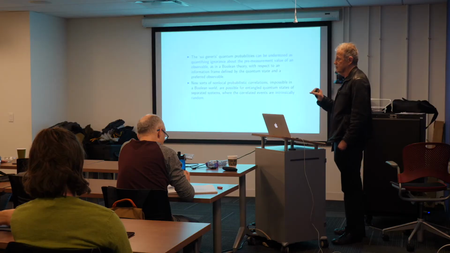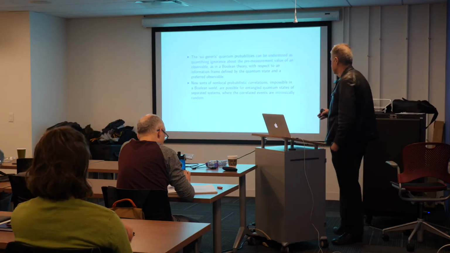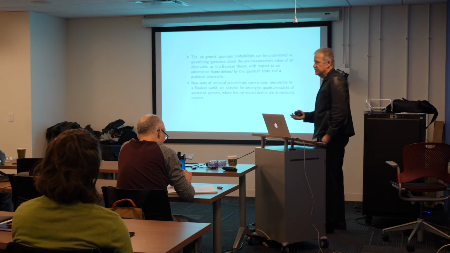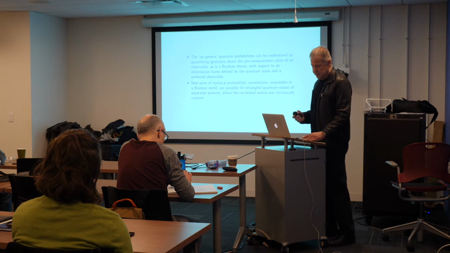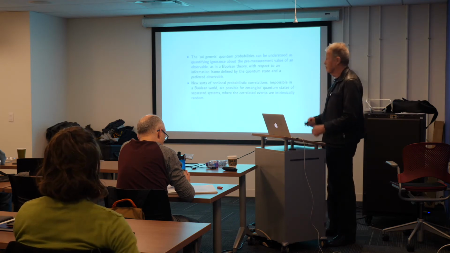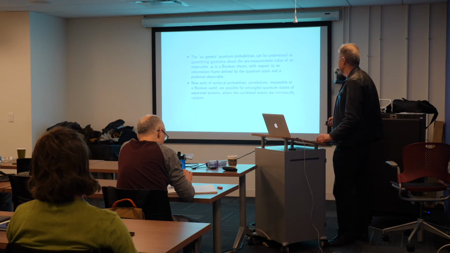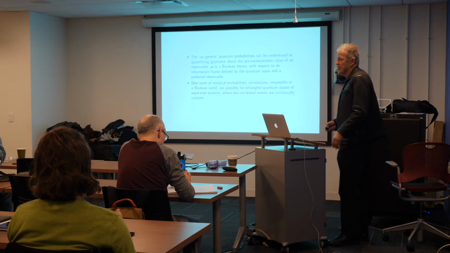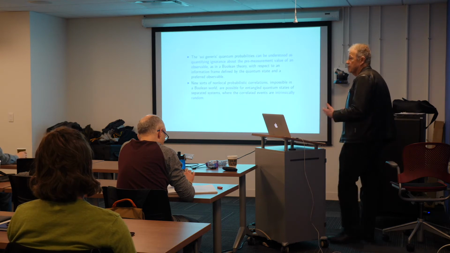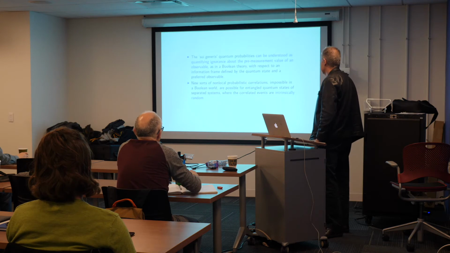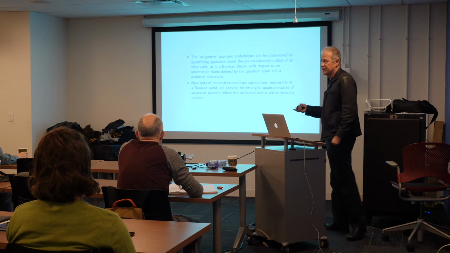Either a preferred observable which is given once and for all, as in Bohm's theory, or given on the basis of decoherence, if you like, which would be a different determinate observable each time you make a measurement. And the main thing about this theory is that you have new sorts of non-local probabilistic correlations which are impossible in a Boolean world, and are possible for entangled states where the correlated events are intrinsically random.